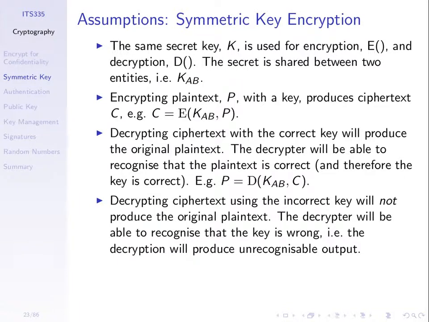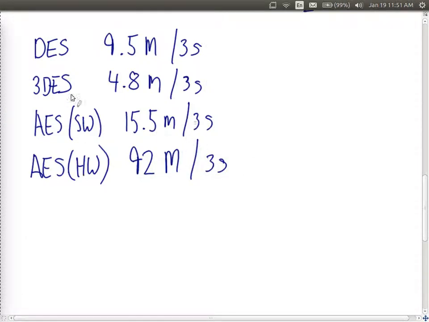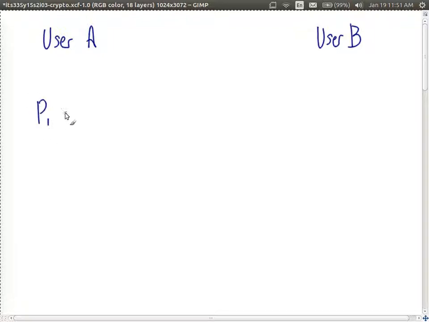We can draw that. We have two users. User A wants to communicate with user B. Then we have some plain text, denoted P1.